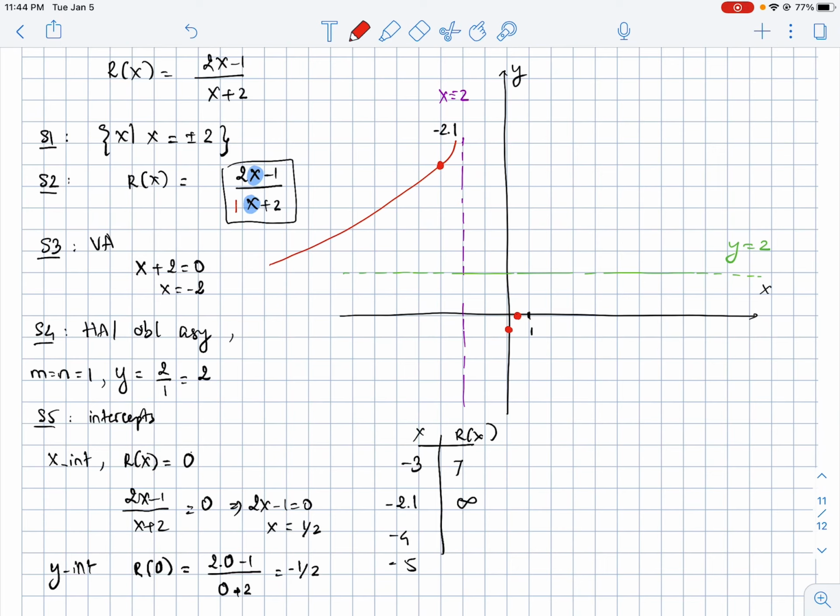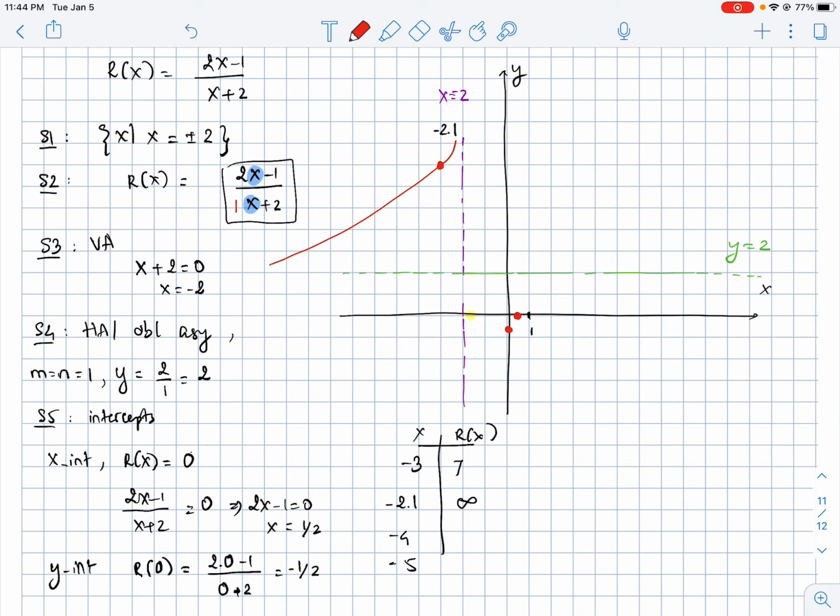And then we will make the points between the vertical asymptote and the x-intercept, which is 1/2. But you look, we already have the y-intercept between that vertical asymptote and that point. So the point is x equal to 0, negative 1/2. So you don't have to make more points.